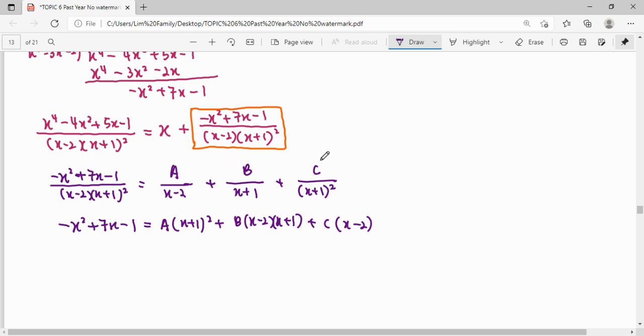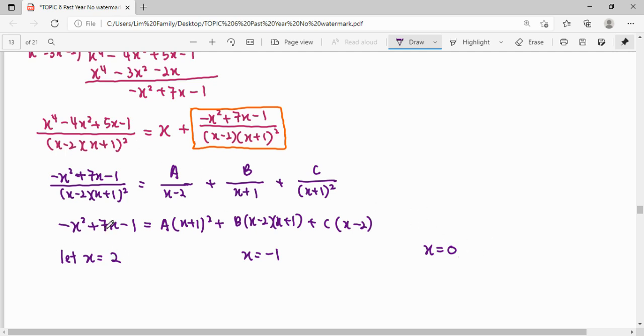Since we have 3 unknowns here, we need to let x 3 times. So let x become the roots value. Our roots value will be equals to 2. And then our x value can be equals to negative 1. Another x value can be randomly chosen, a number that is easier to calculate. So I choose value 0.